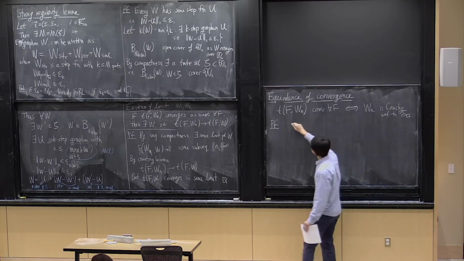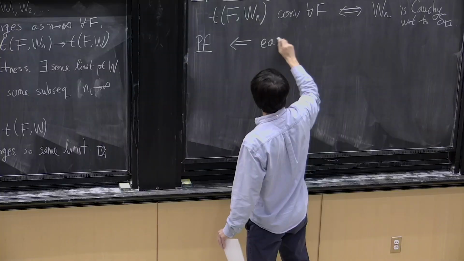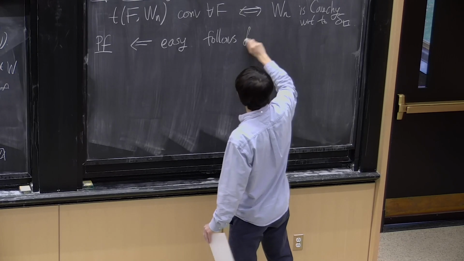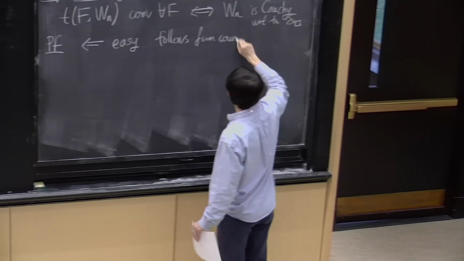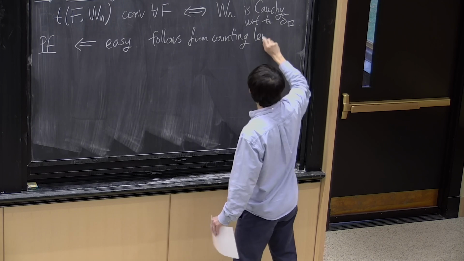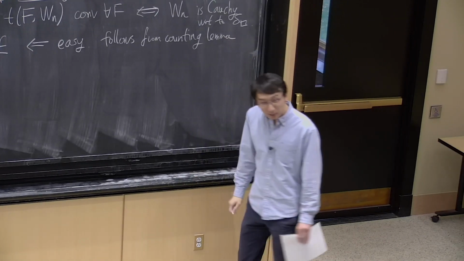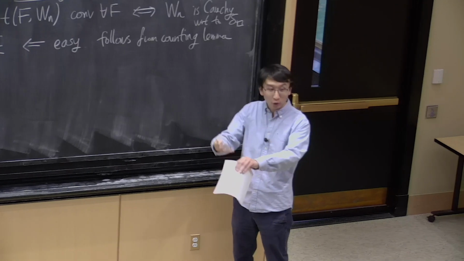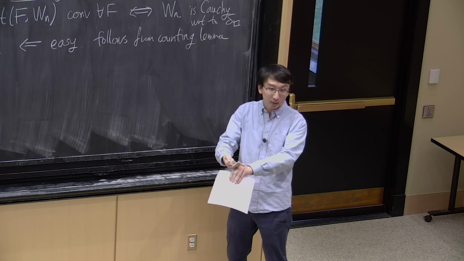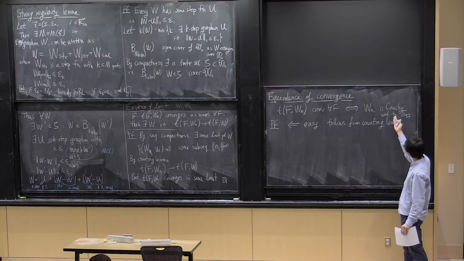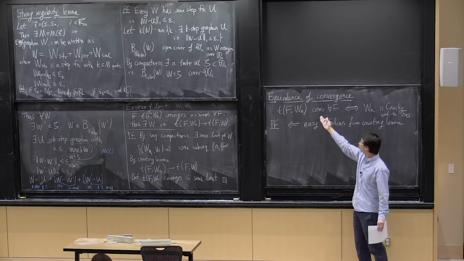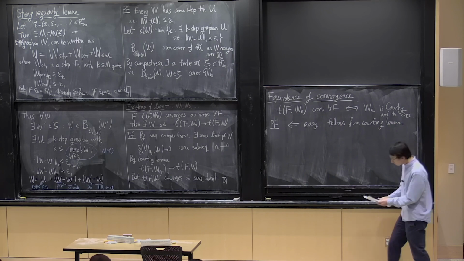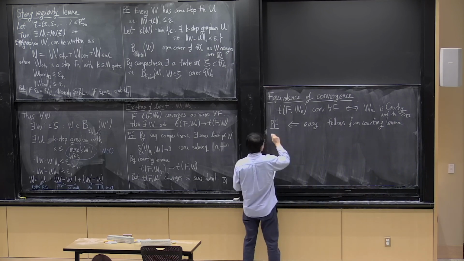I claim that this is easy because it follows from the counting lemma. Remember the spirit of the counting lemma, at least qualitatively, is that if you have two graphons that are close in cut distance, then they are close in F densities. So if you have Cauchy with respect to cut distance, then they're Cauchy and hence convergent in F densities. It's the other direction that will require some work.